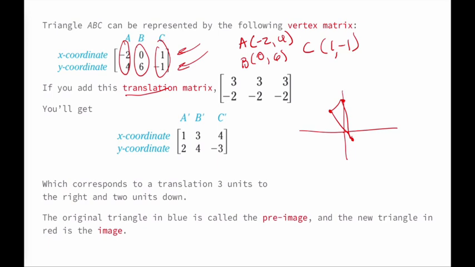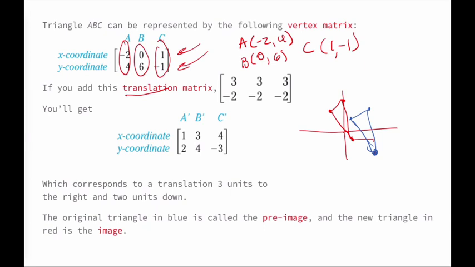If we want to shift it 3 units to the right and 2 units down, we would take each of these points and shift it over 3 and down 2. So we would get a new point here, and a new point here, and a new point here, and we would get the same triangle but moved over.